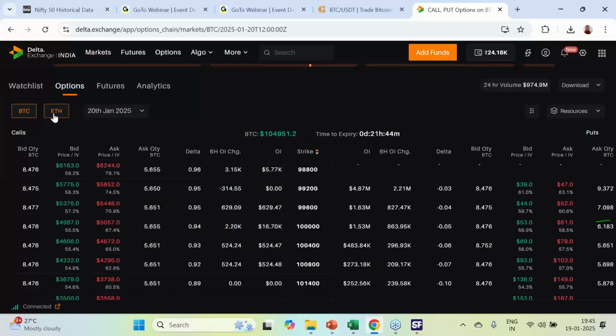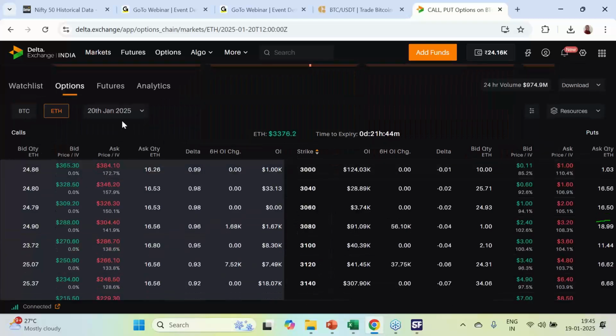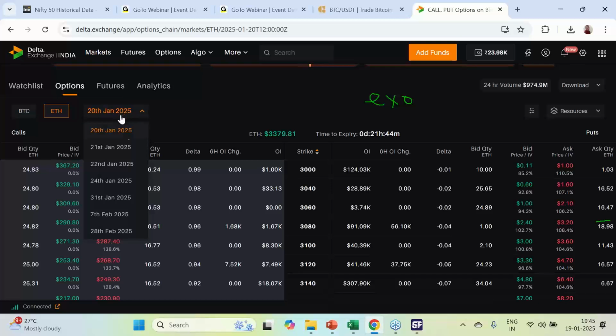These options are known as exotic options, and they have daily expiry, weekly expiry, and monthly expiry. See, we are seeing 20th, 21st, 22nd. This is the daily expiry. Tomorrow at 5 o'clock it will expire. Today's contract, whatever the 19th contract, is expired. So now the 20th has started, 20th, 21st, 22nd.